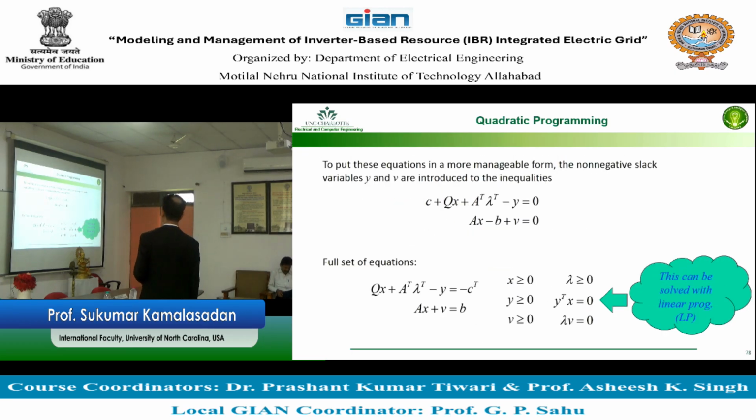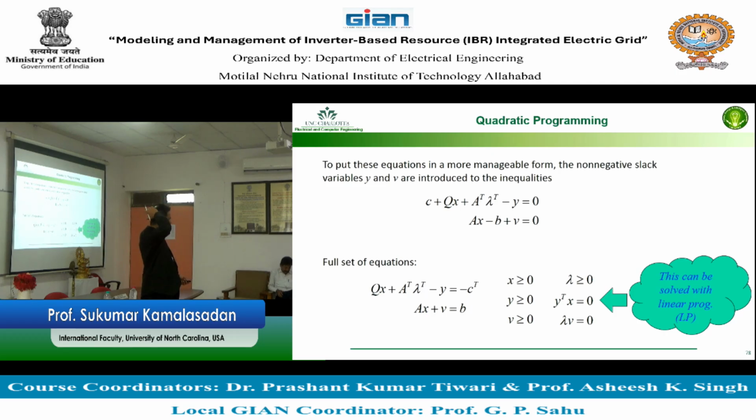So here is a representation of quadratic programming using LP. You can solve that using one way to use quadratic programming using LP. How do you solve it? So this is actually classically done in economic dispatch. Have you done any course on power system operation and control?